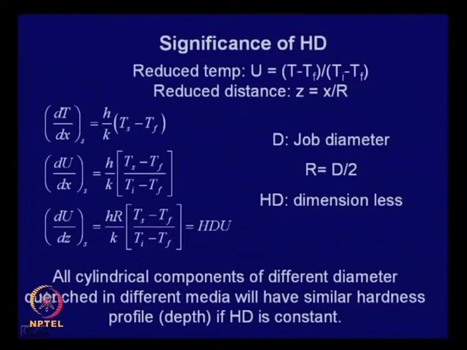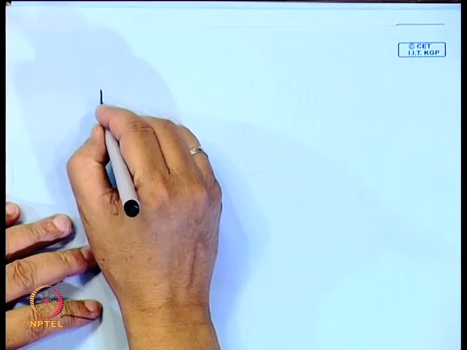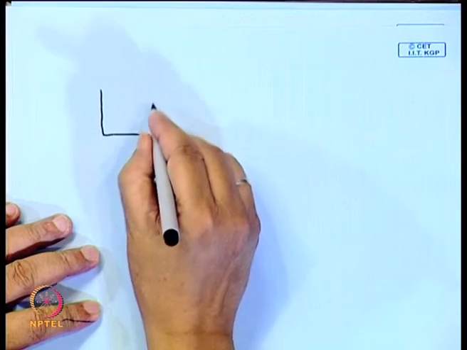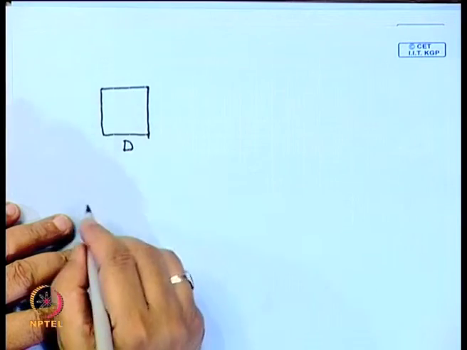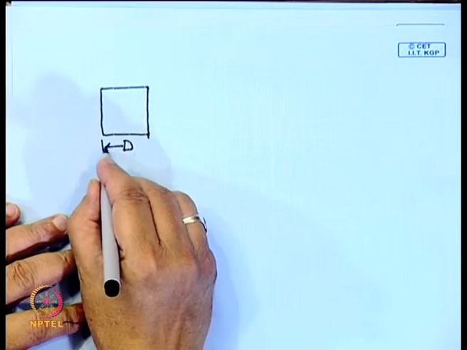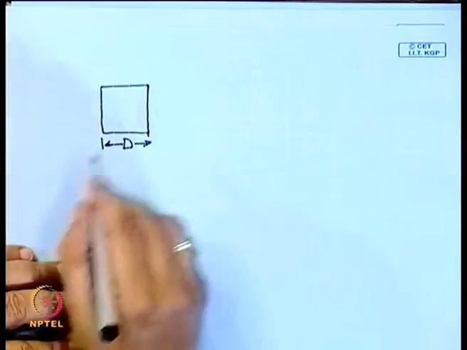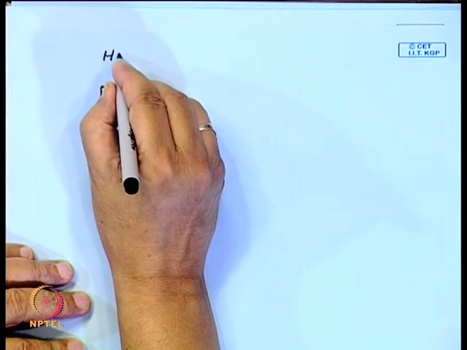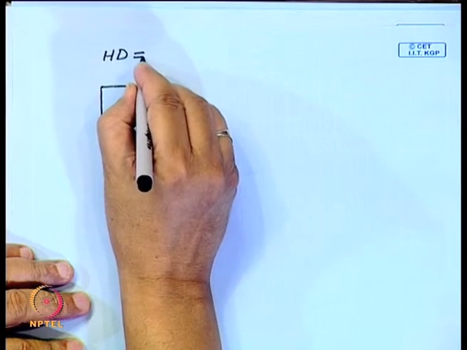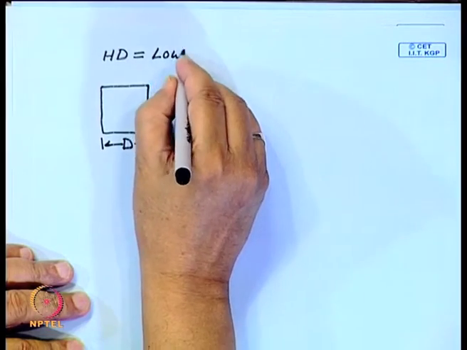So, therefore, all cylindrical jobs of a given diameter, if quenched in a medium such that HD is constant, will have relatively similar cooling characteristics. And what does this mean? Let me take a sheet here. Suppose you have a job here which has a particular diameter, and you have quenched it in a medium so that this product H times d is low.